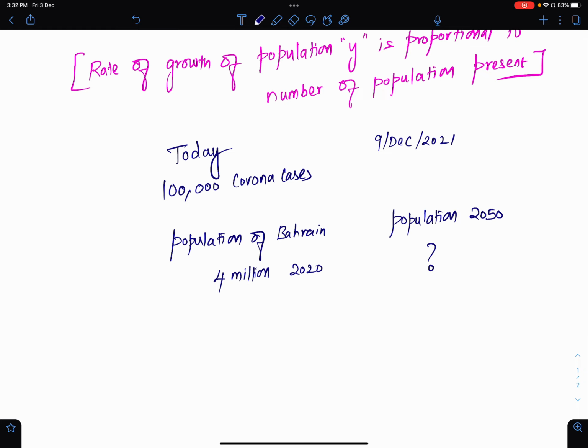That is what I have written in terms of the differential equation. The rate of change of this quantity y will be based on the current population.